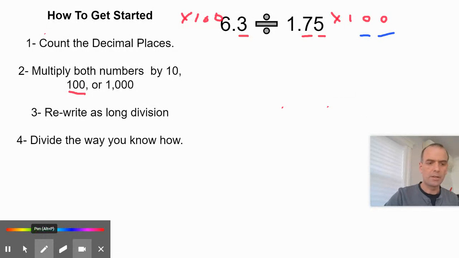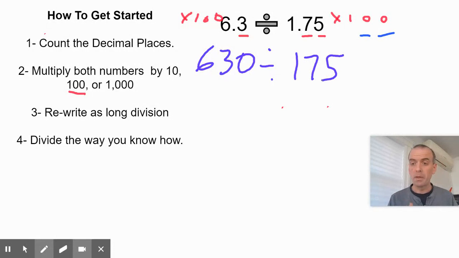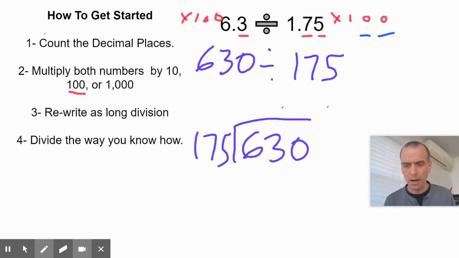So I'm set up. We know in long division, the first number goes in the bracket, so I'm going to put this number in here and this number out here. Now, it's kind of a crazy problem, but that's what you're dealing with.